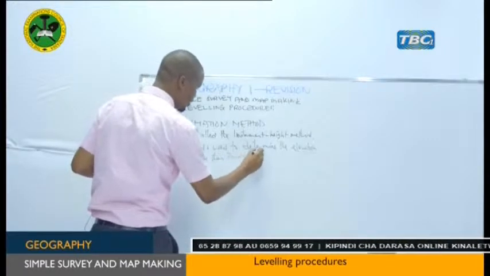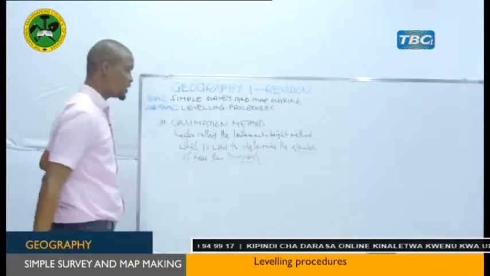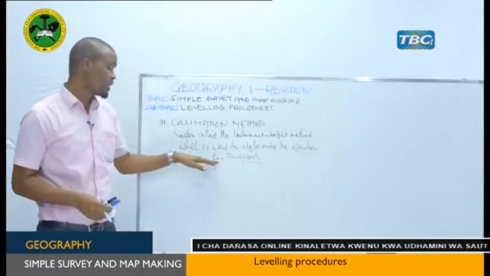It means we use the collimation method to determine the elevation of more than 2 points.